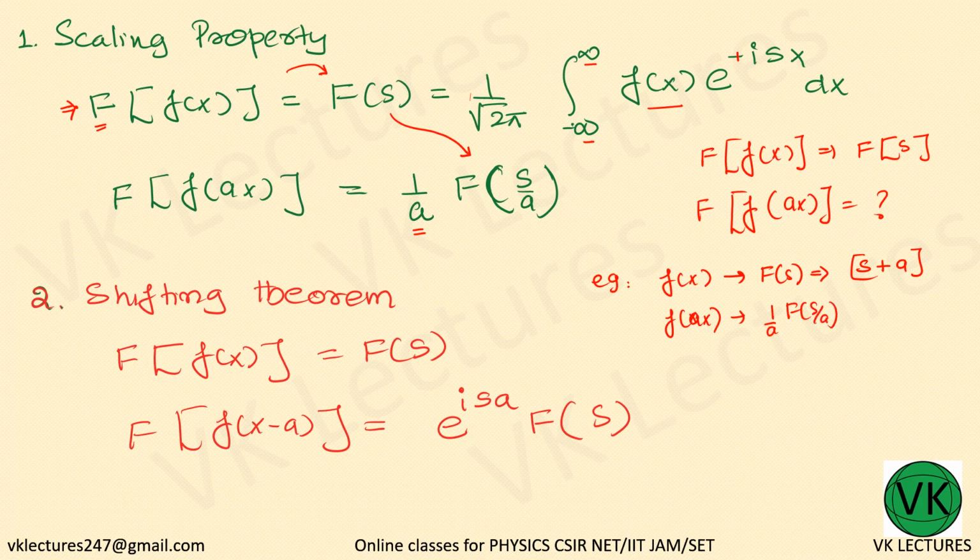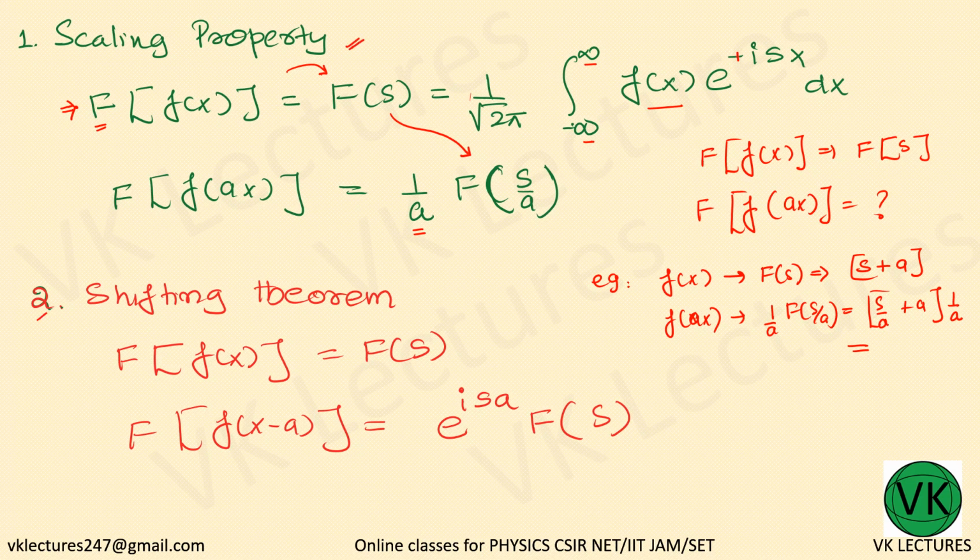Wherever you have s here, divide by a. So this is s by a plus a. So the Fourier transform is into 1 by a. Don't forget this: 1 by a into F of s by a. Okay, now that is about the scaling property.